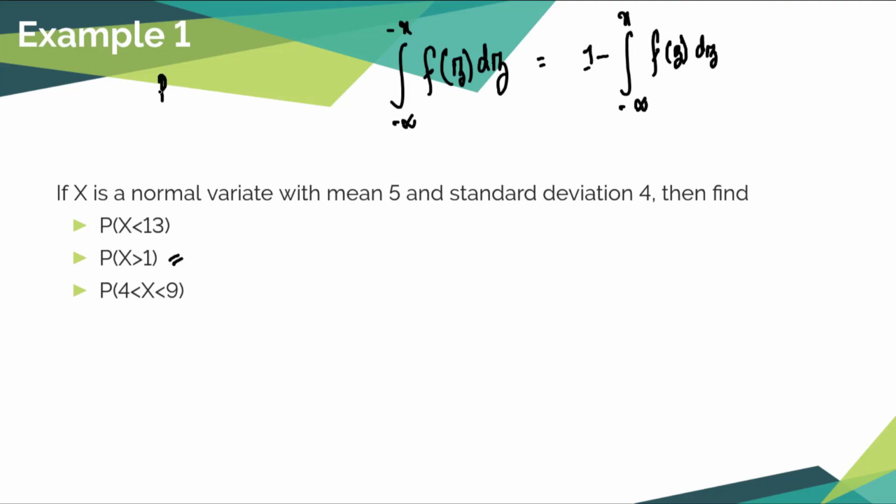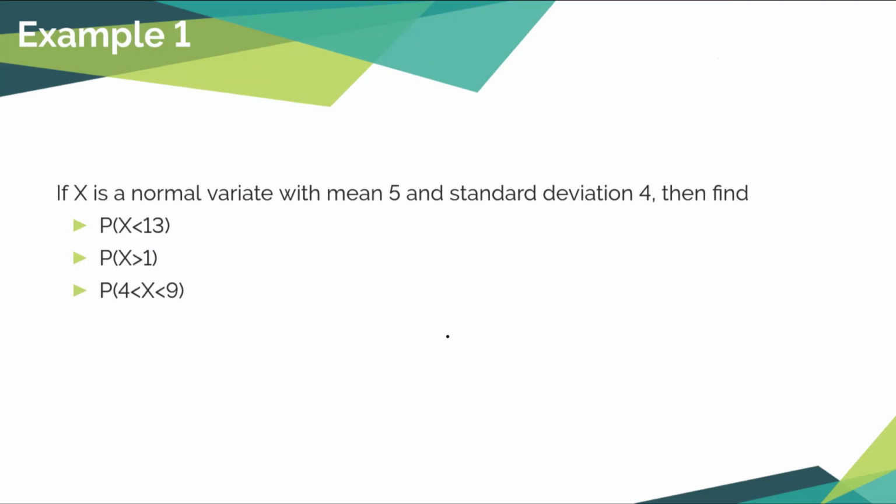In short, if you want to find the probability of z less than minus x, this is exactly equal to 1 minus the probability of z less than x. So negative can be transformed into positive using this relationship. That is one property.